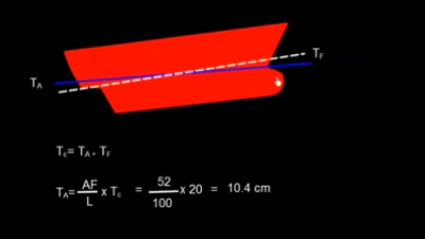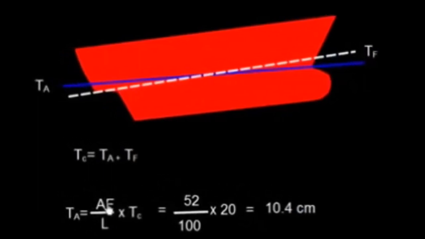Now, if TF was the change in the forward draft and TA was the change in aft draft, or change in the trim forward or change in the trim aft, we know that the total trim cost will be TA plus TF, and the TA is given by AF divided by L into TC.